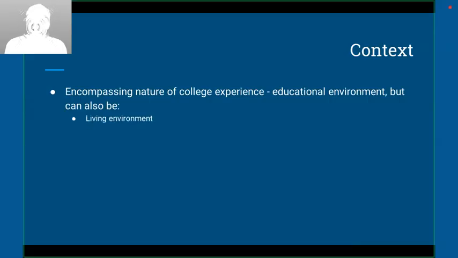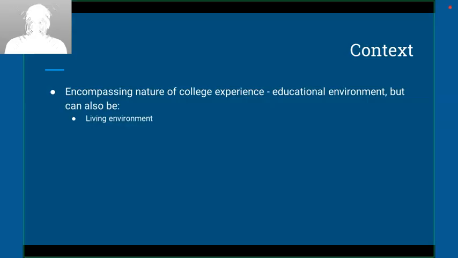But for some students, their college experience can be not just their educational environment, but also their living environment. They might be living in a residence hall or off-campus, but somehow affiliated with the university, like a co-op or a fraternity or sorority house. It might still have some connection to their institution.